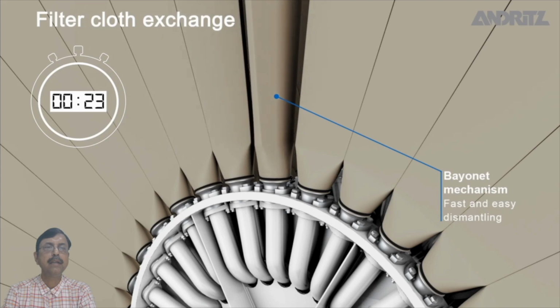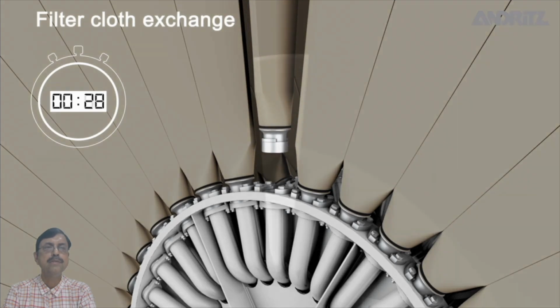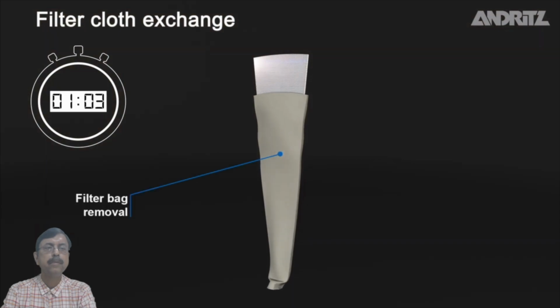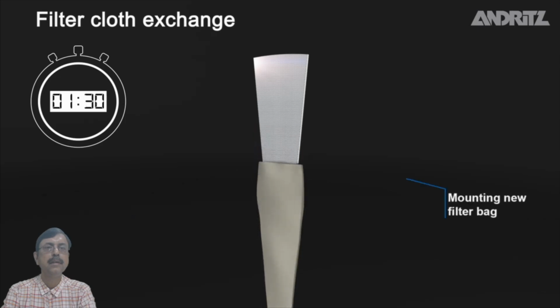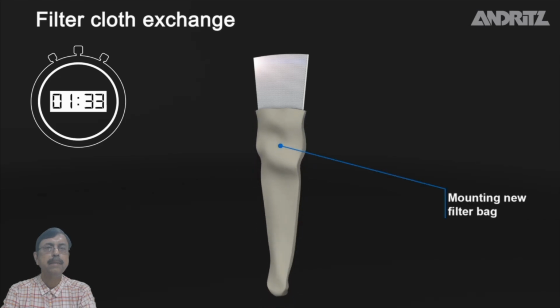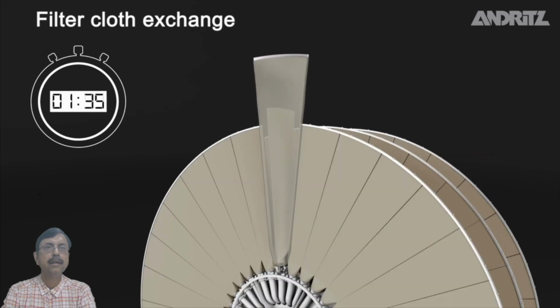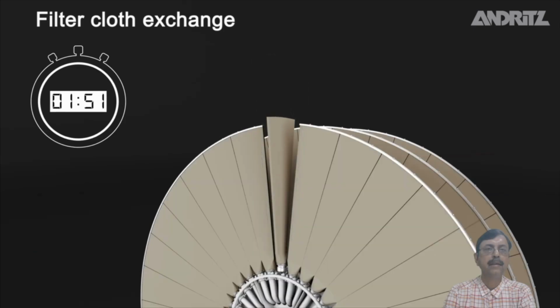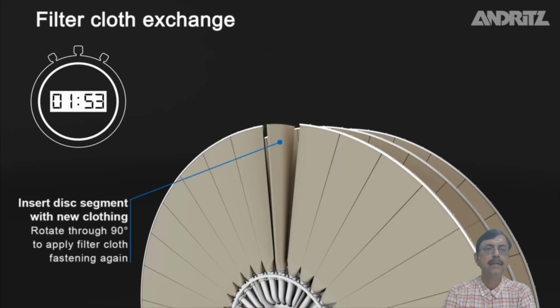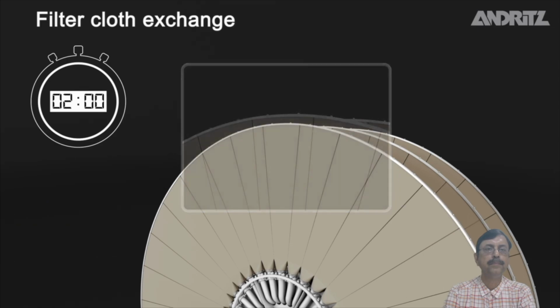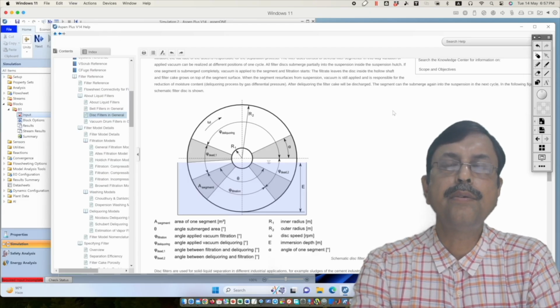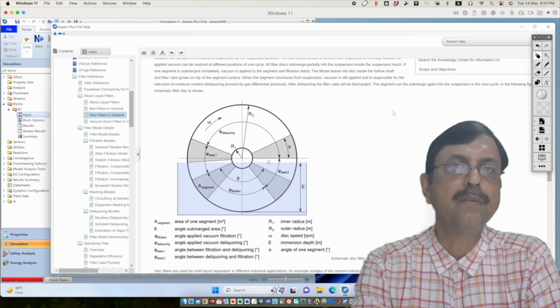So one by one, they remove the individual segment, remove the filter bag, and insert a new filter bag and put it back. And fix it with screws. So that is how the disc type filter works.